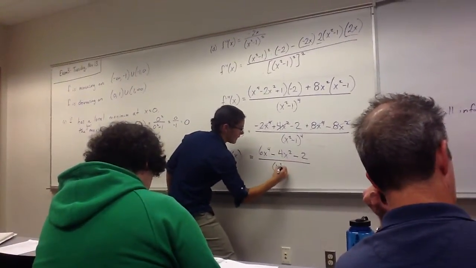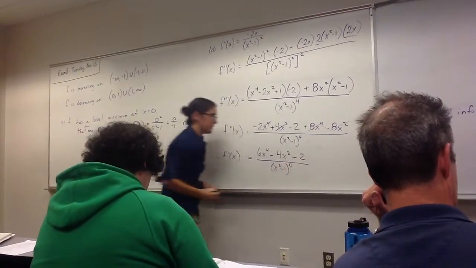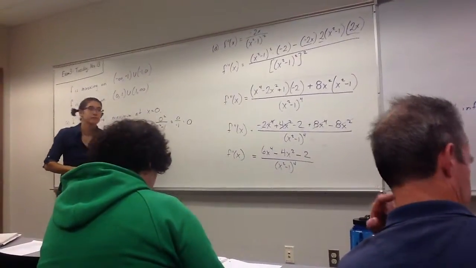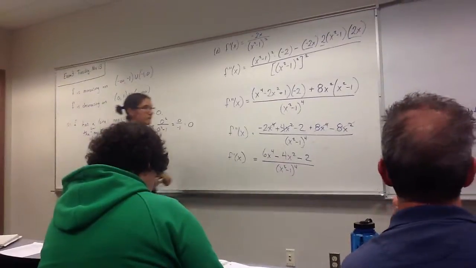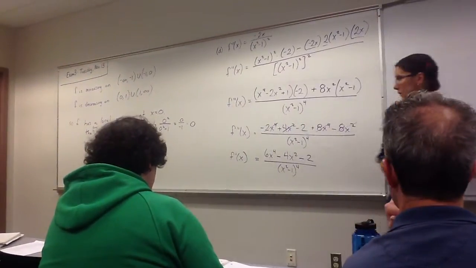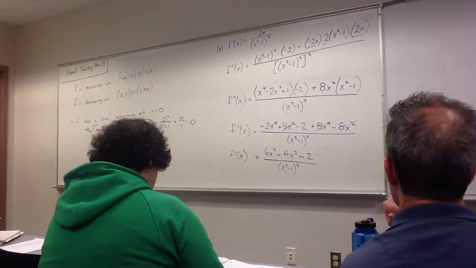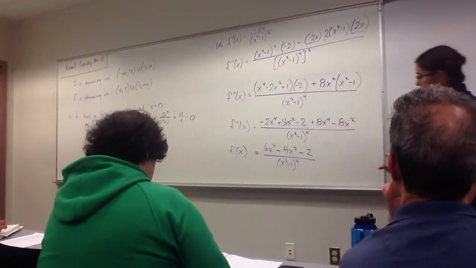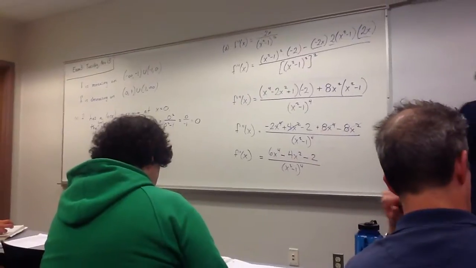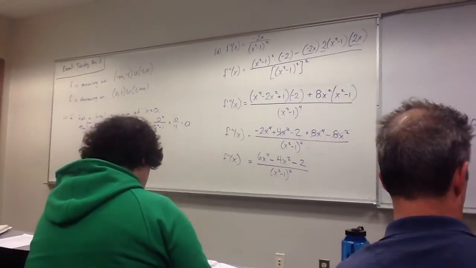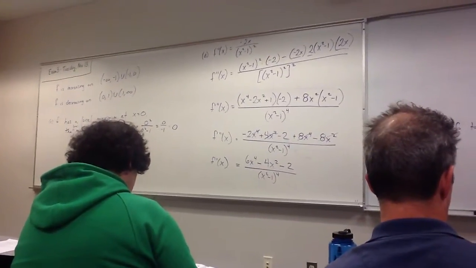Divided by x squared minus 1 to the 4th. Okay, so this is our second derivative. And what we want to work on is we want to ask ourselves, okay, when is this second derivative either undefined or when is the second derivative equal to 0?